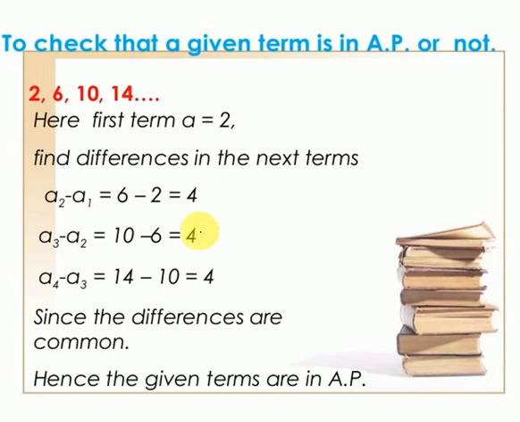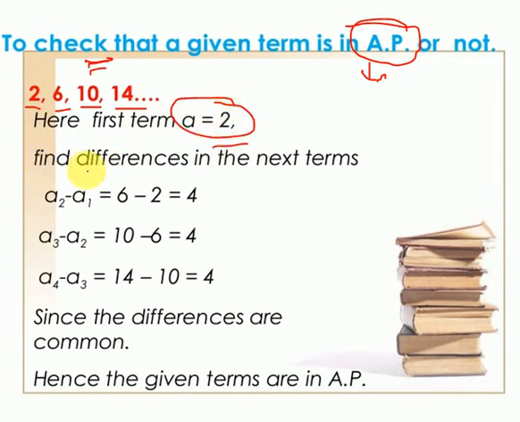Okay, now before solving the question, you have to find whether it is an arithmetic progression or not. Like here is an example: 2, 6, 10, 14. Here our a, the first term, is 2. Now how will I find the common difference?